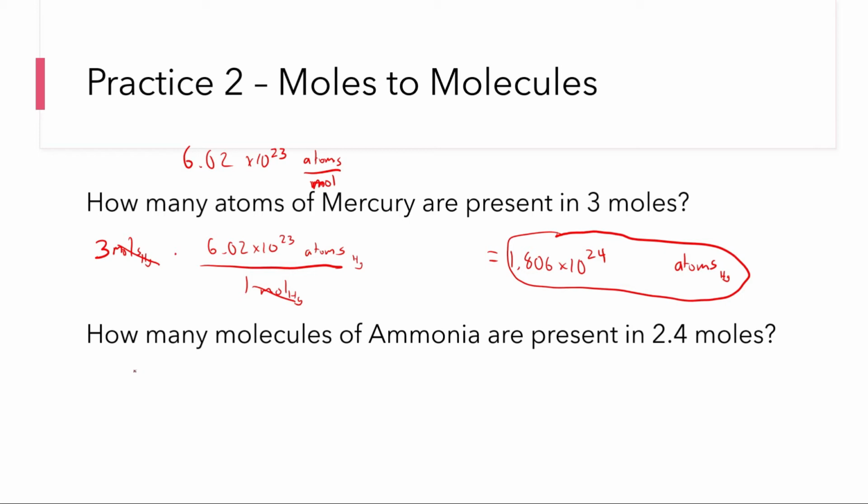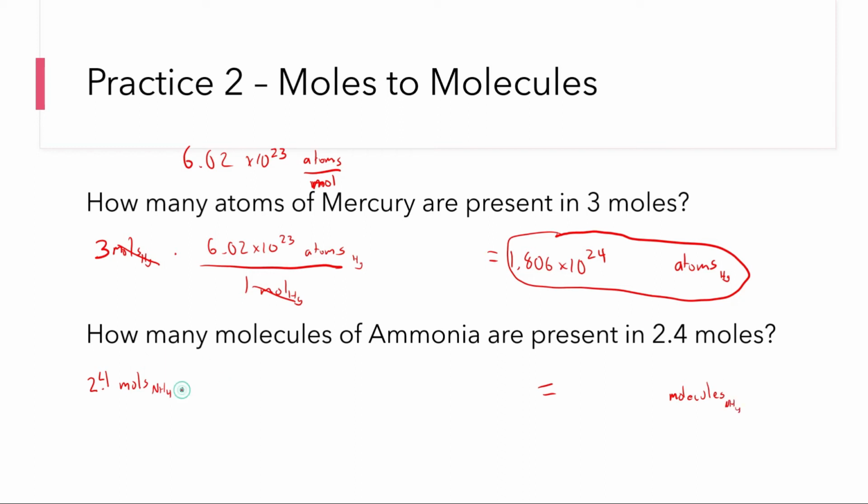This next one asks how many molecules of ammonia are in 2.4 moles. So we have 2.4 moles of NH4, and we want to end up with molecules of NH4.